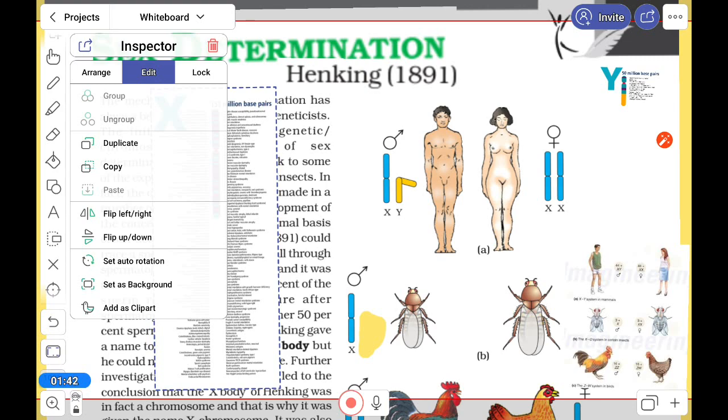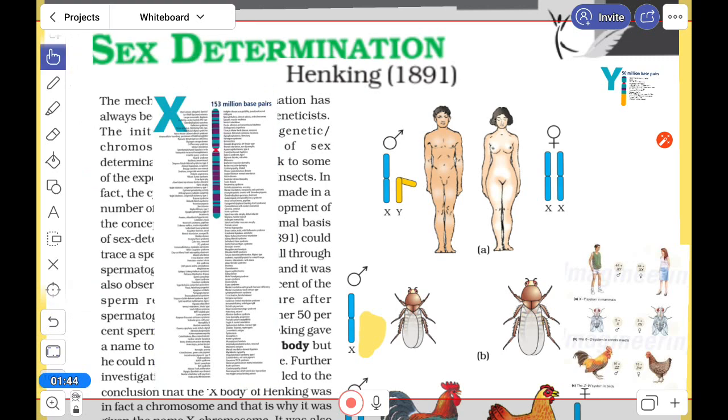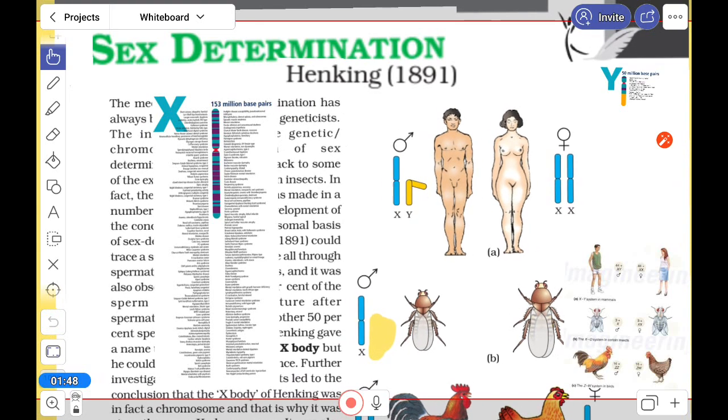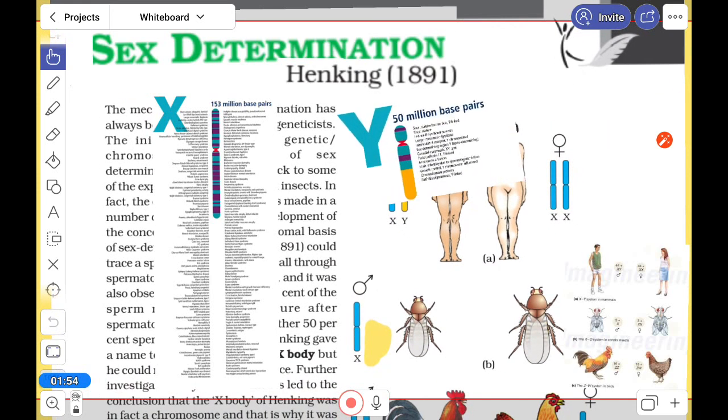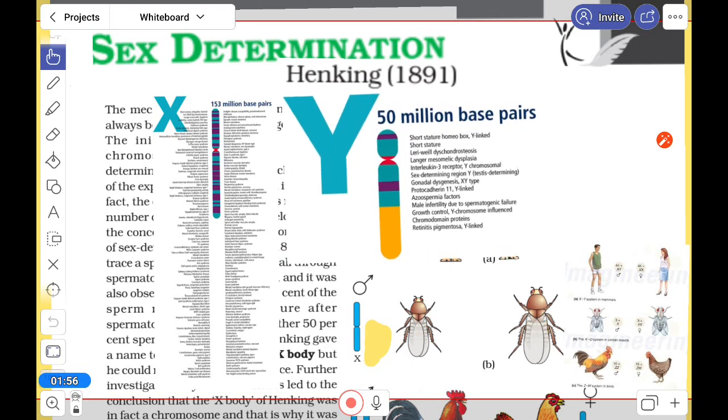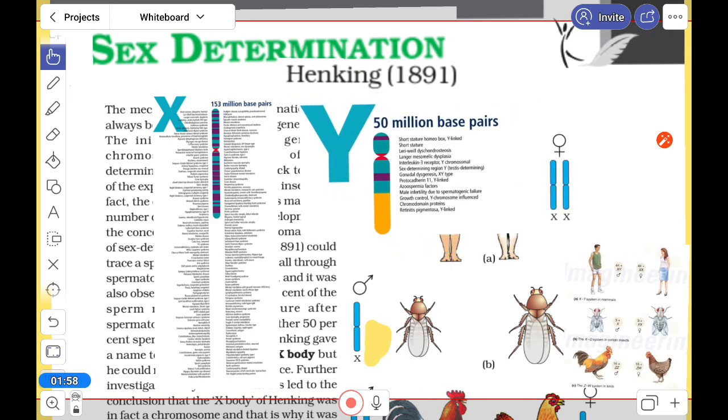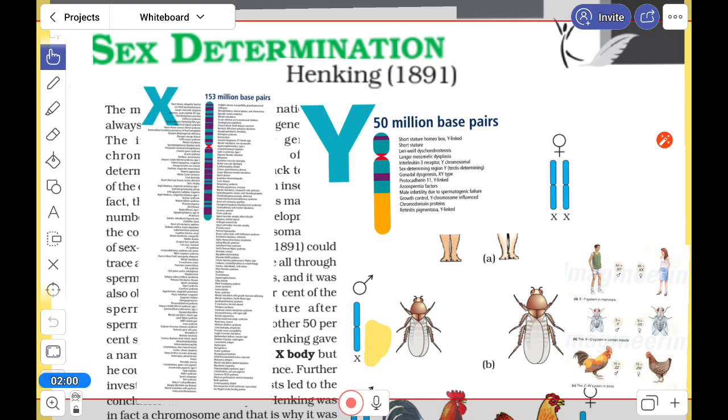The X chromosome is there in female; X and X both are there in female. Here if we take the Y also, look at it, the X and Y, if we see them side by side, you can see that these two are different.